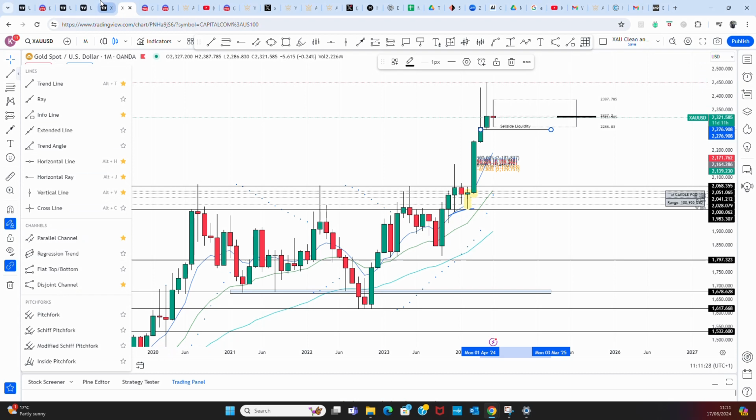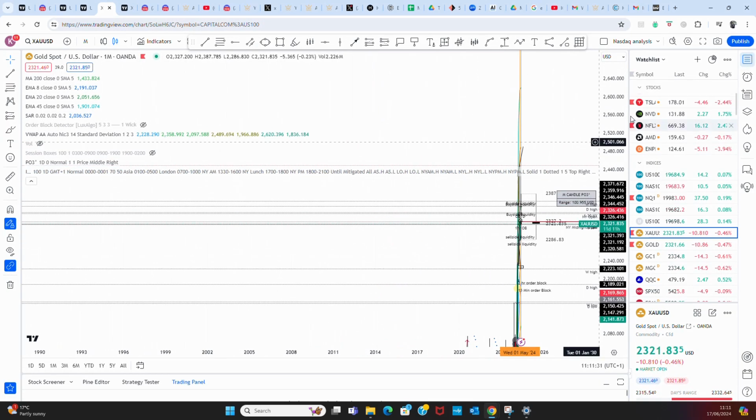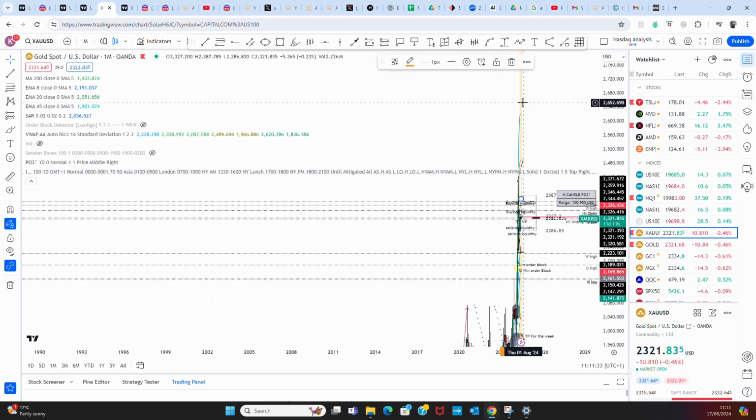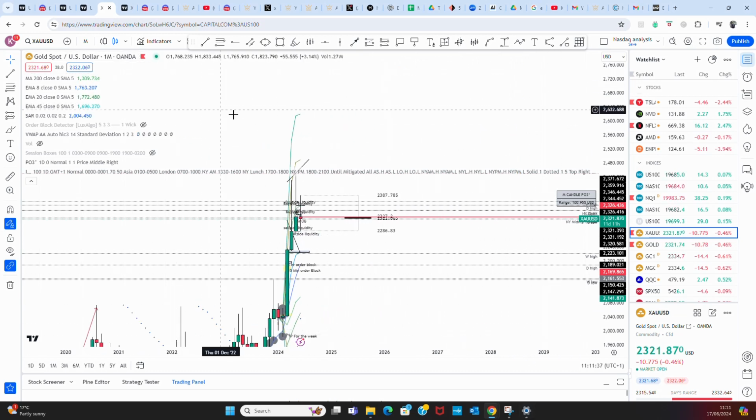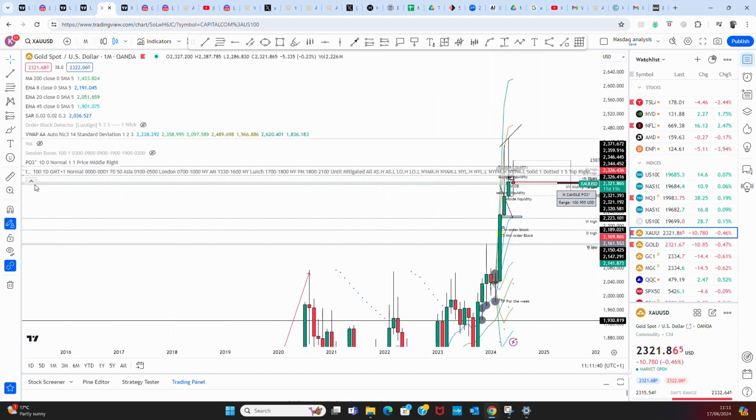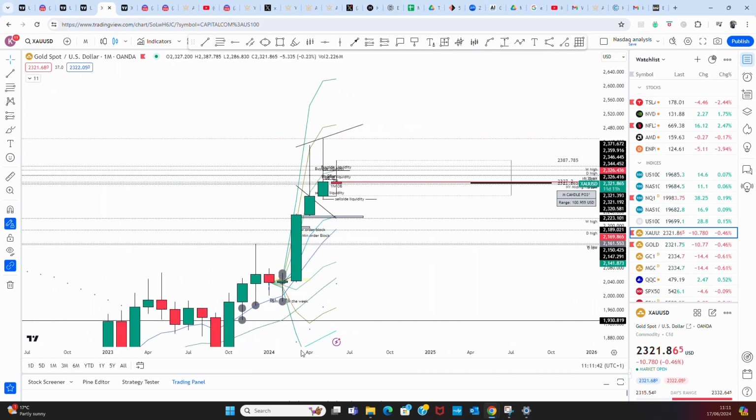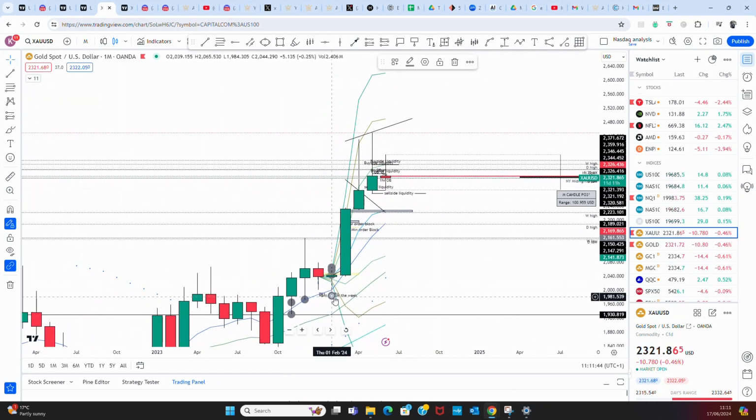I prefer doing all my analysis on the main chart, so let's do that quickly. Delete. Since we work on the main chart, that's where I do all my analysis, so best to just keep it clean. I need to delete the C. I've not looked at gold in quite some time, to be fair.